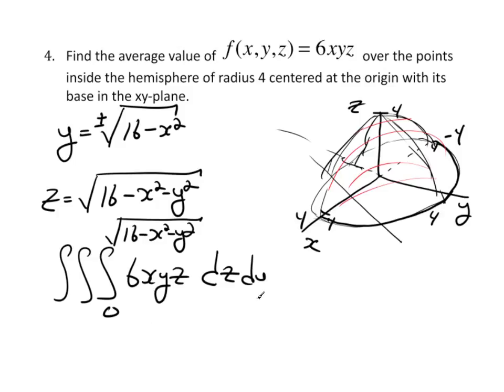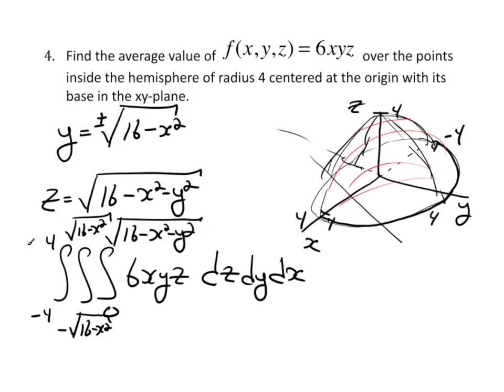If I do y next, it's going to be from a negative square root of 16 minus x squared to a positive square root of 16 minus x squared. That covers these two. And then last but not least, I want my x. I definitely want x last because that has the numerical values that will ensure I actually get a number out of this.